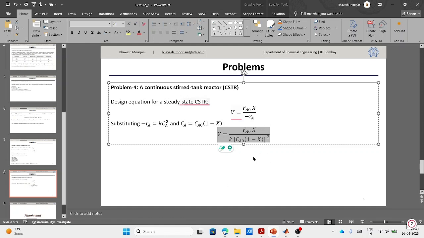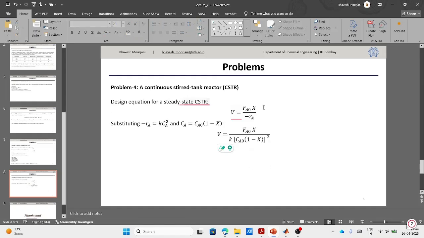To solve it, I have to use some iterative process because I cannot directly guess an x value that will fit. So I have to rely on a numerical method which gives me LHS equal to RHS.